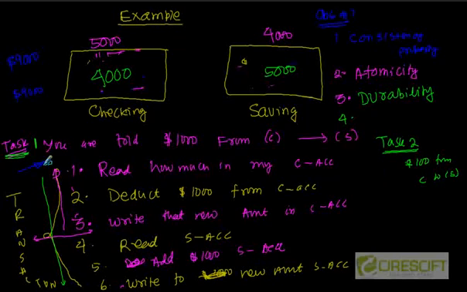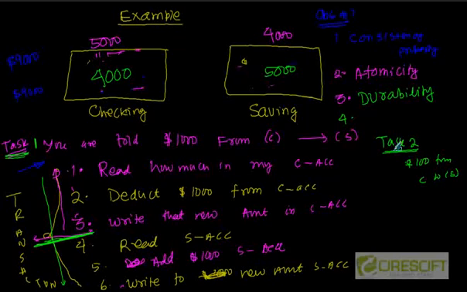But whenever these two transactions work concurrently, we just want to make sure that they do not overlap the other's work. For example, if task 1 is now at step number 3, it has written the new amount in the checking account, and remember this task 1 is not finished yet.